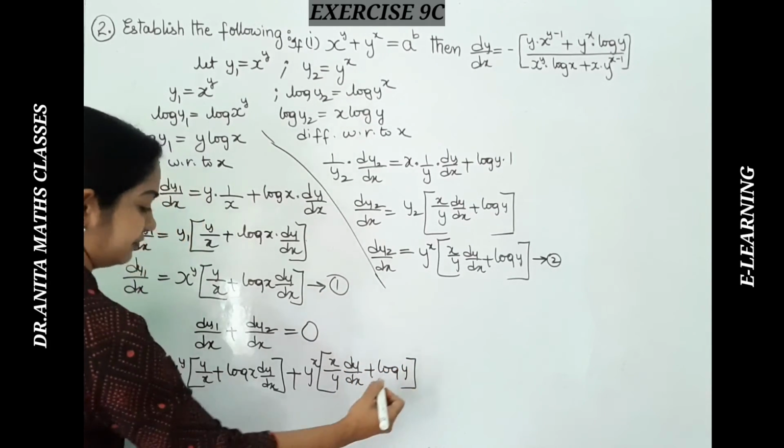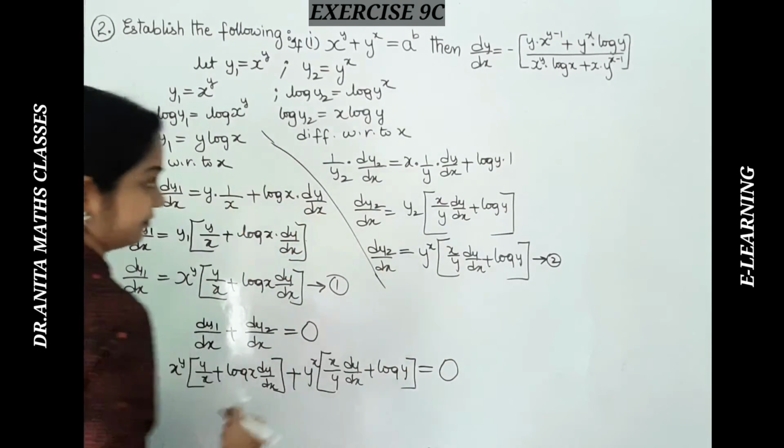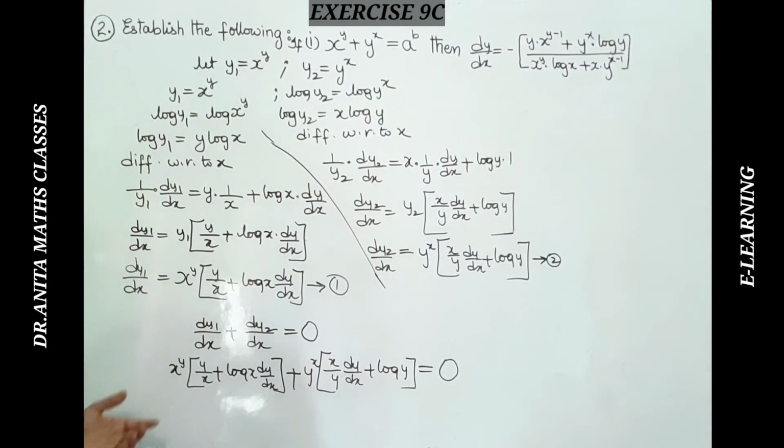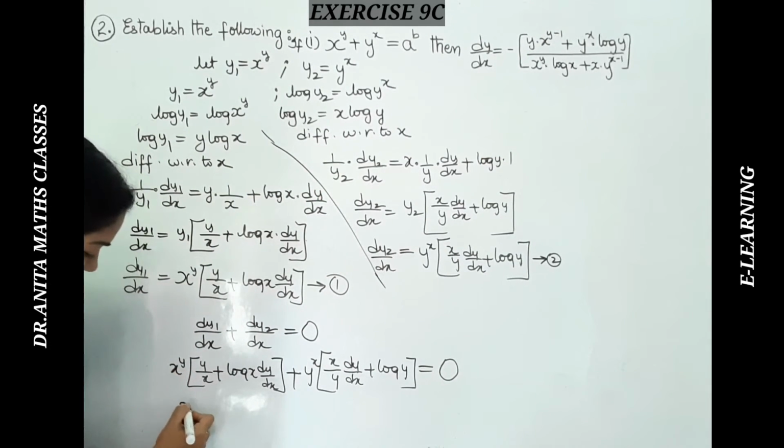Now we can do some simplifications. This is equal to 0 we have. But we have to prove dy by dx is some other thing here. Right? That means let us simplify here. Here if you multiply, this comes to x raised to the power of y minus 1. See, y, x is there 1 here, okay?